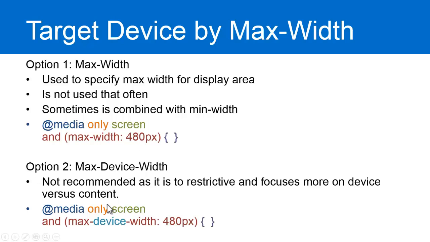The other option you could have here is the max device width. What that does is it's saying if the max device width is exactly 480 pixels, then use the style sheet. Now, that's not really recommended because it's so restrictive.